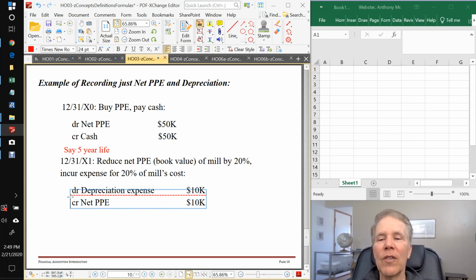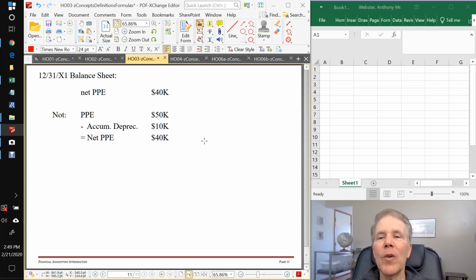Whenever you have depreciation, it's always depreciation expense, and we just say CR net PPE. So very simple, very straightforward. Now on the balance sheet, all we show at the end of the year is one line instead of 3 lines. And you see the bottom line from the old accounting way is the same number, but you've got these two other things to deal with. We're just keeping it simple and having the one line.